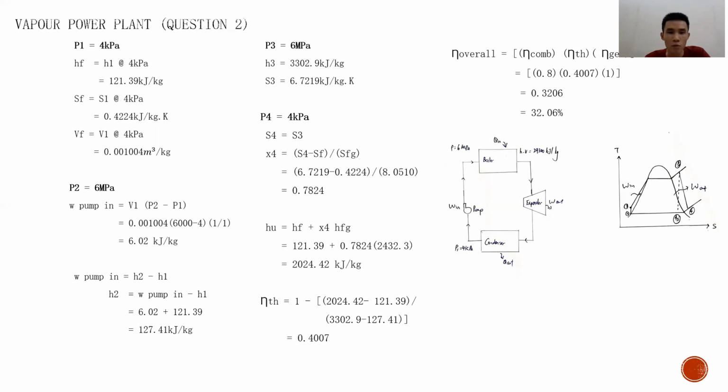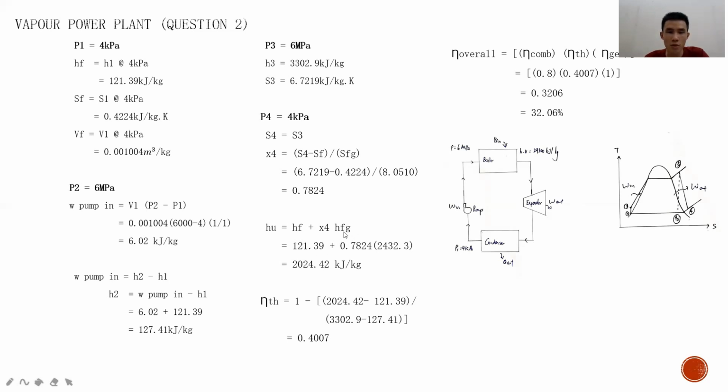For the x4, we use the formula s4 minus sf divided by sfg, which is 6.7219 minus 0.4224, and then divide by 8.0510, and we will get the value of 0.7824.